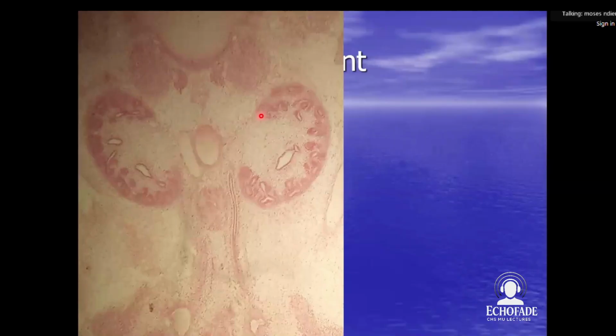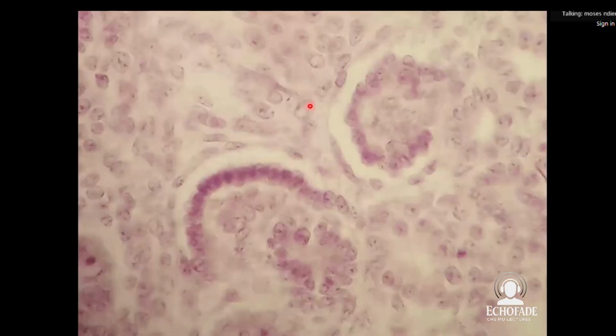Notice here our renal pelvis, and the ducts. As yet, we do not have any glomerular formation here. And notice here, this is our distal convoluted tubule. Remember, look at these cells which are very closely packed together, and then these ones which are very far apart.